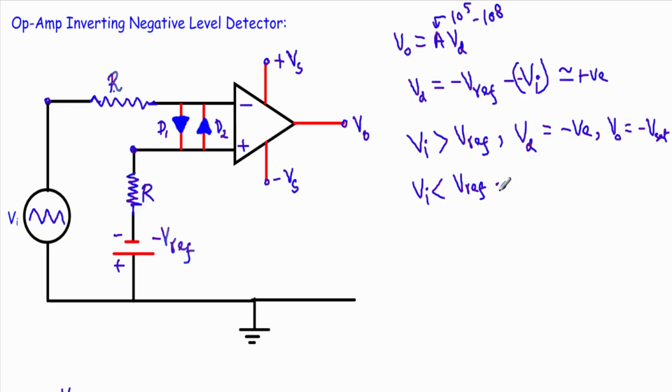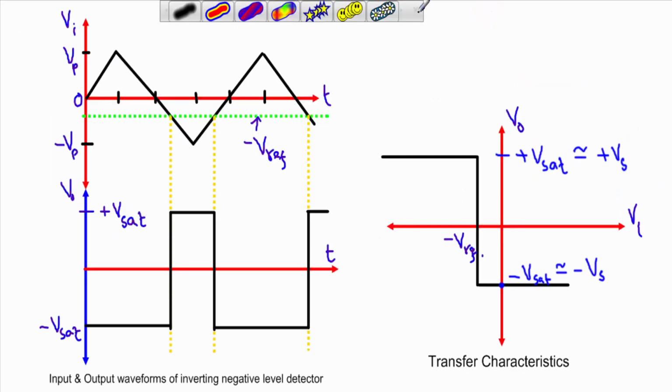So I will get a positive voltage difference, plus VD, and when this voltage difference is multiplied with the 10 to the power of 5 to 10 to the power 8 range, the output will operate in the positive saturation region, and the positive saturation voltage is controlled by our positive power supply plus Vs.